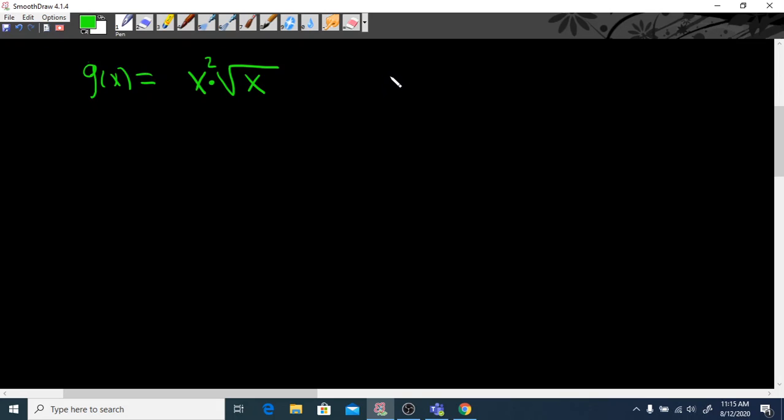So for the first piece of the product, I'm using g of x there, so I guess what I'll do is I'll write P1 for piece 1. Piece 1 is x squared, and piece 2 is the square root of x, which is the same thing as x to the 1/2 power. Okay?